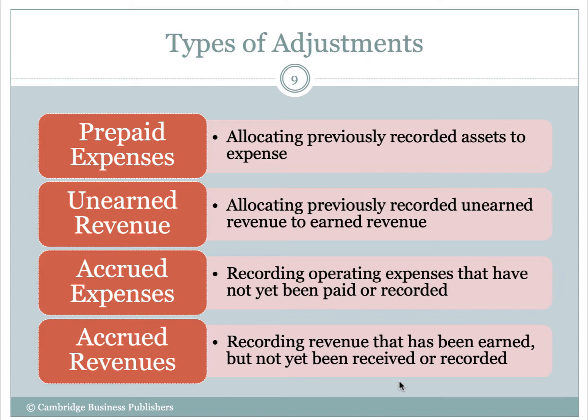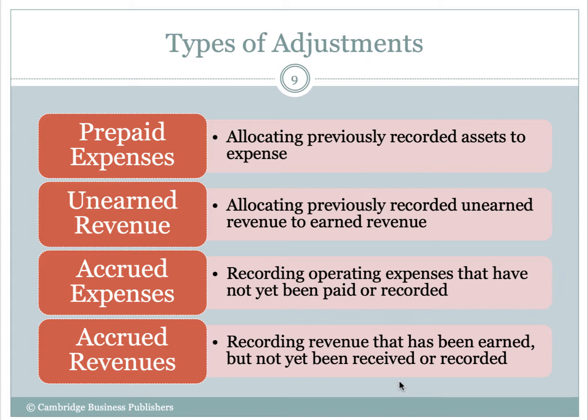Okay, we owe somebody either a service or pumpkins. Previously, we recorded that unearned revenue as a liability. Once we perform that service, once we deliver those pumpkins to Giant Eagle, guess what? We don't have a liability anymore. We actually earn the revenue. Okay? So again, two types of deferrals we're going to be working with: prepaid expenses, unearned revenue.